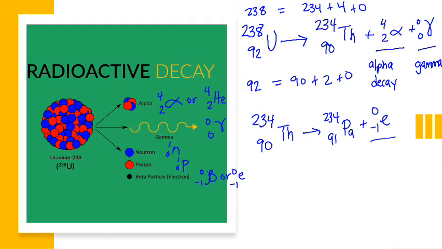We look at the top, these are 0, -1, 91, 90, so we know we have a beta particle being released here. So the form of radioactive decay we have is beta. A lot of times with these types of problems, I'll remove one of the elements. I could have not had Th here, Pa might have been missing, and you would have to fill in the blank. You could have the mass missing, etc. Alright, so let's do something like that.